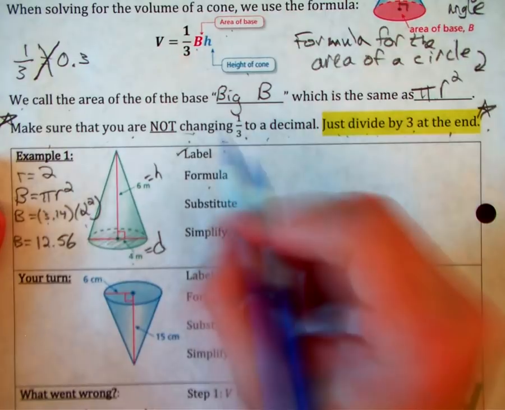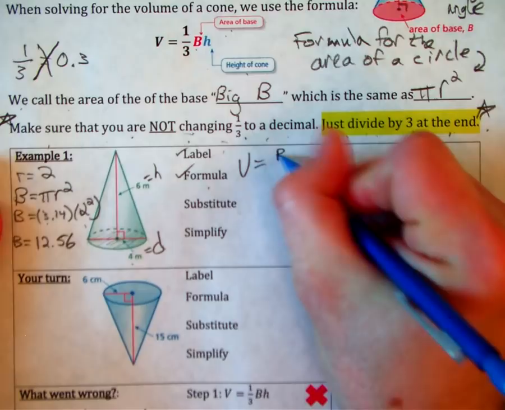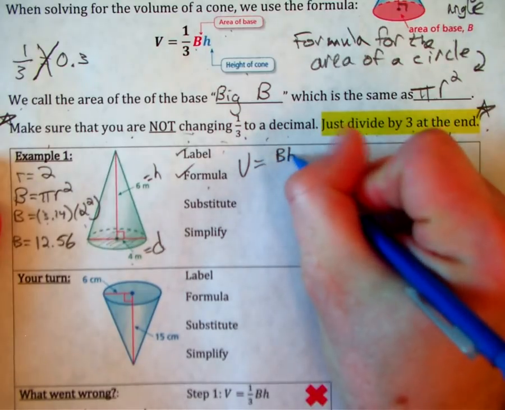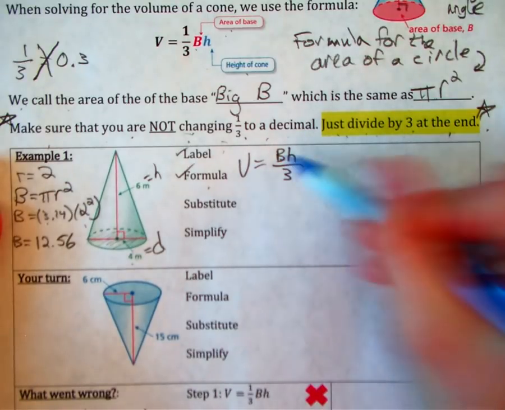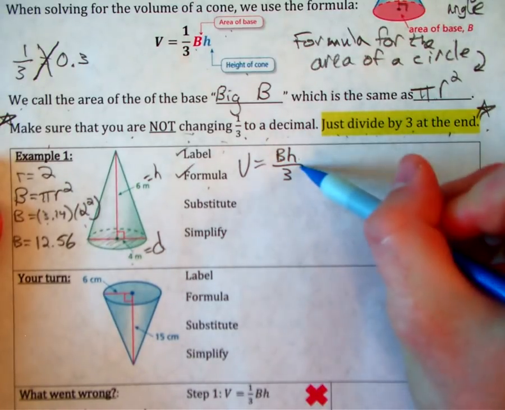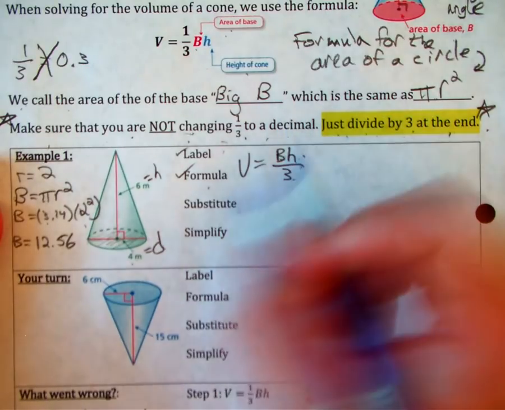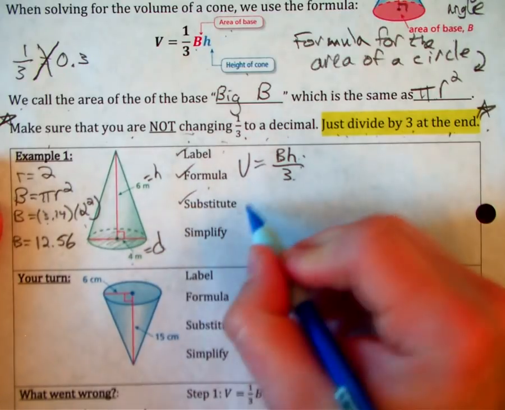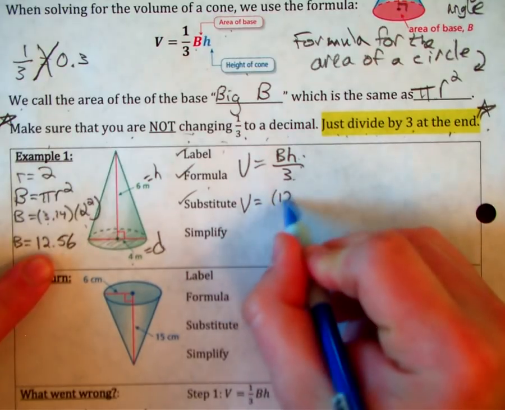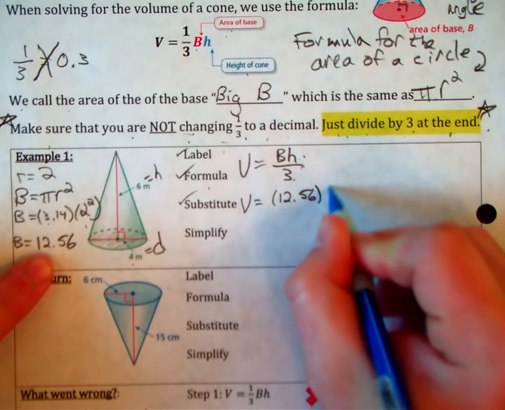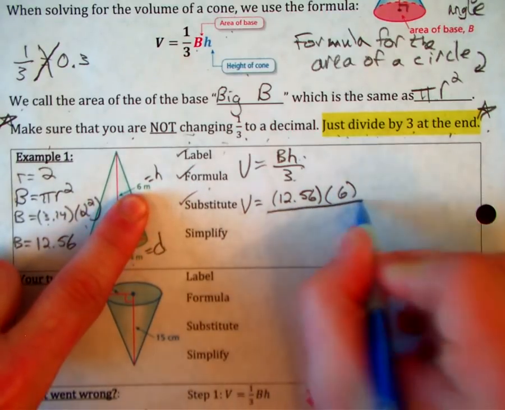All right, so that formula that we have, let's do this next. We have the volume is equal to big B times h over 3. Again, that's the area of the base times the height divided by 3. So let's work in the numerator first by substituting in the values for the variables. The volume is equal to the big B that we found, 12.56, times our height, which is just 6, all over 3.